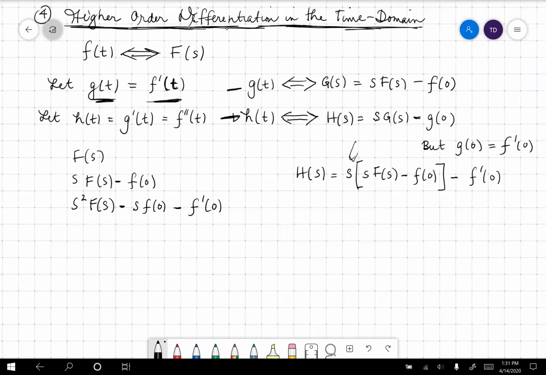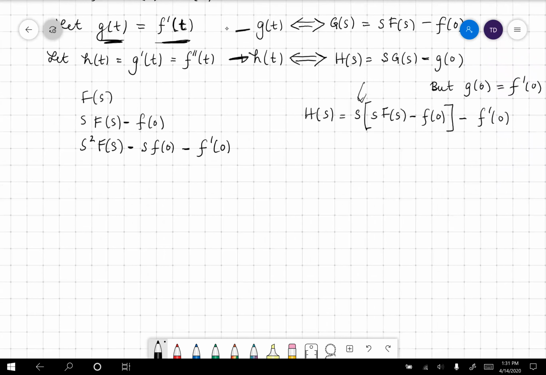Where did we see every time we took a derivative, we get another s? S squared, s cubed, s to the fourth. Where did we see that? Characteristic equation coming from the differential equation. This is all tied together. It's the same s.